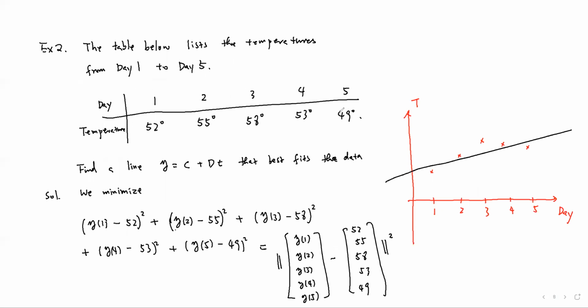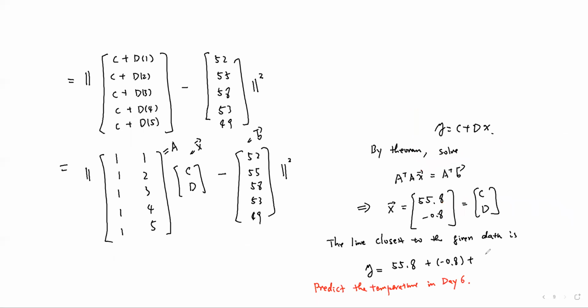Now, can you predict the temperature in day 6? We can use this model. Plug in 6 for T, times 6. It is 51. So based on the given data, we can predict that on day 6 the temperature on average is about 51 degrees. This is example 2.